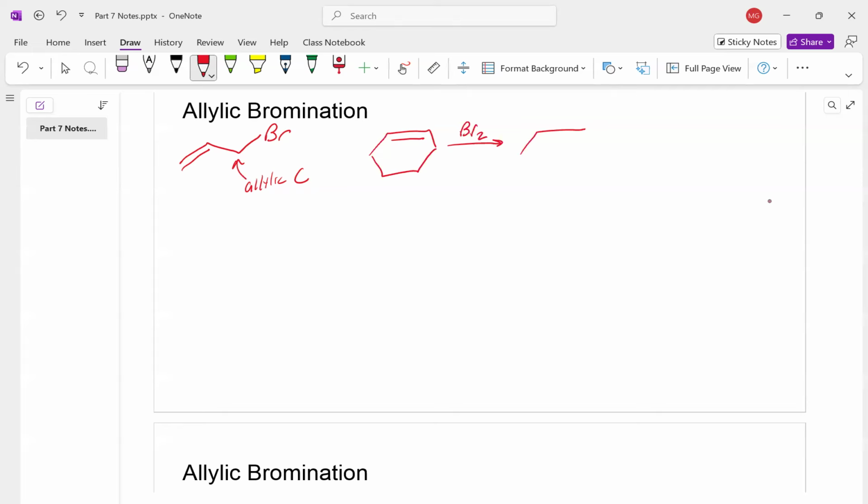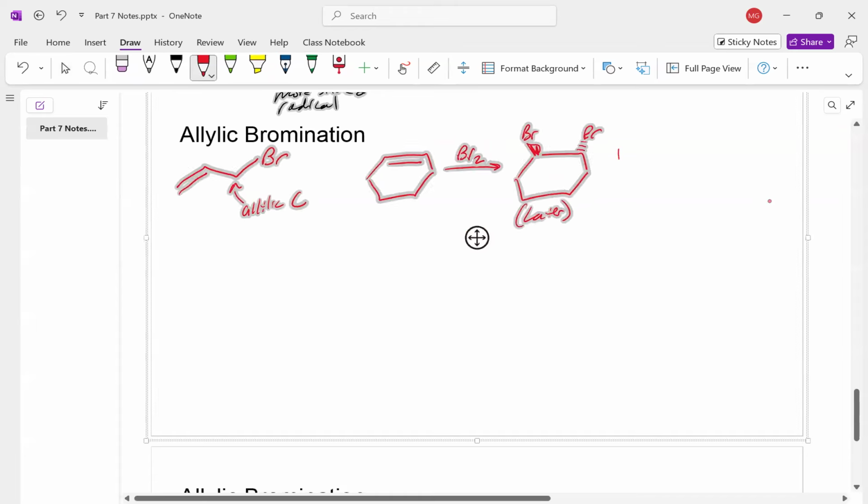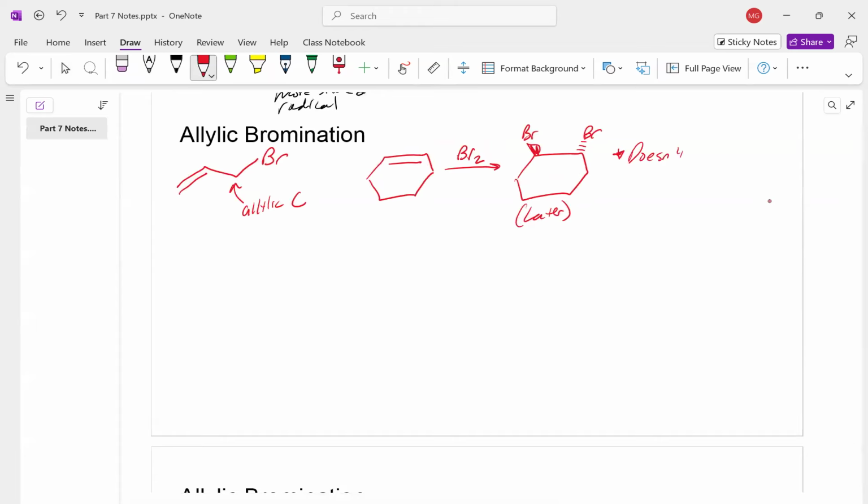What instead will happen is the bromine will add across the double bond. Now, I'm going to talk about this reaction later in another chapter, but the key thing to note is that if I have an alkene here and I add bromine, it doesn't do radical halogenation.